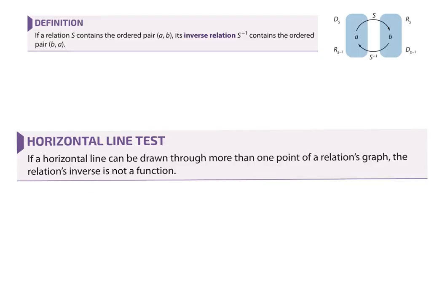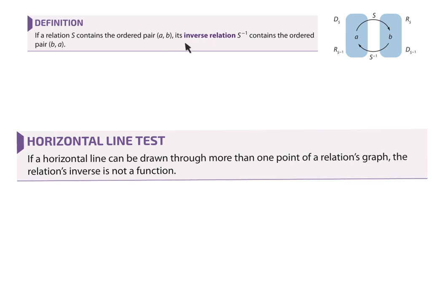And so let's talk about inverse relations. Inverse relations actually switch your X and Y. So if a relation contains the ordered pair (a, b), then the inverse contains the ordered pair (b, a).